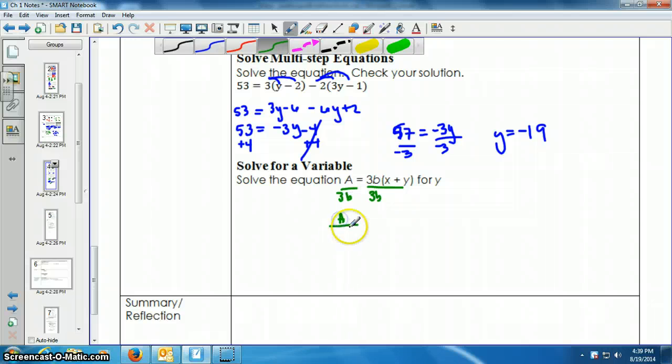So it's a over 3b equals, and what's left is just x plus y. So now undo this x that's being added with subtraction. So I'm going to just write it next to it. And there is y by itself. A divided by 3b minus x. So you just undo whatever's with that variable.